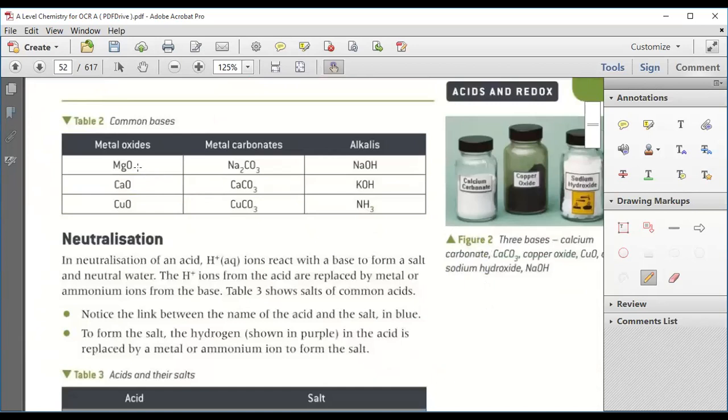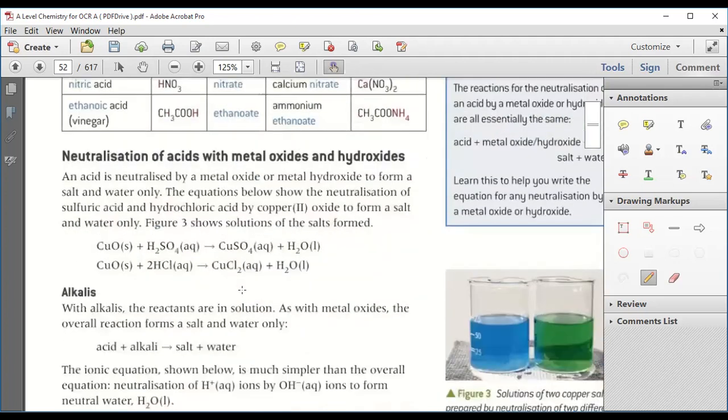Clear? For example, MgO or Na2CO3, NaOH, KOH, and NH3. These metal oxides, whenever mixed with water, are going to form base. Clear? Any doubt?